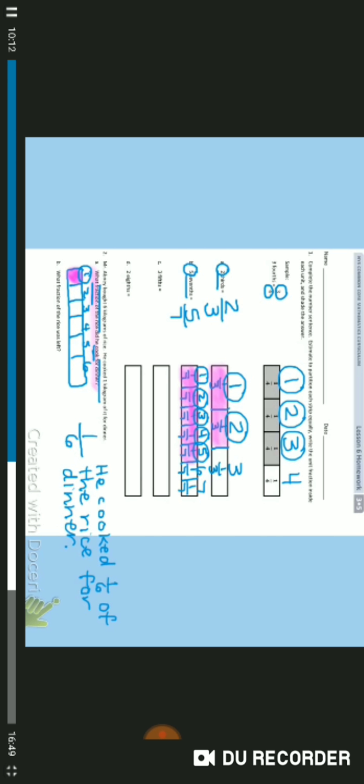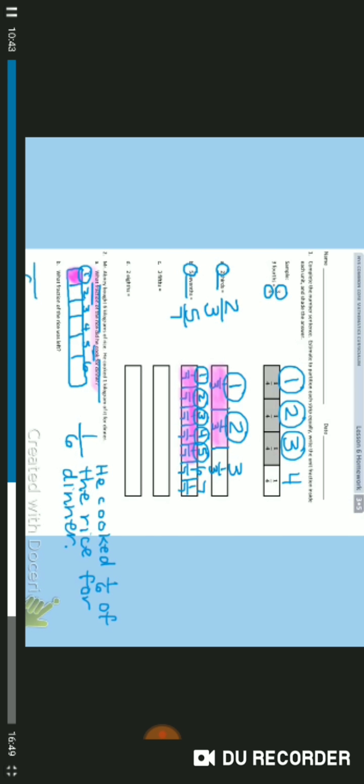Now let's take a look at item B. What fraction of the rice was left? There's really no reason to redraw the rectangular strip. We can look at the rectangular strip for item 2A in order to answer this question. Remember, when you're writing a fraction as a unit fraction, the bottom number tells you how many pieces there are in all.